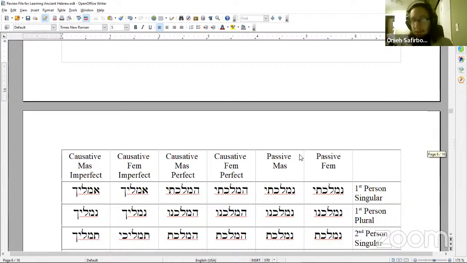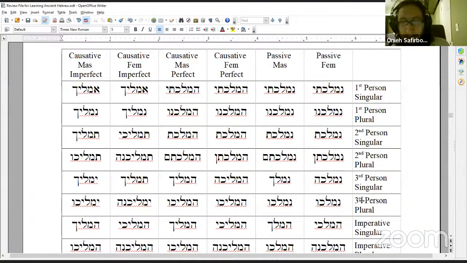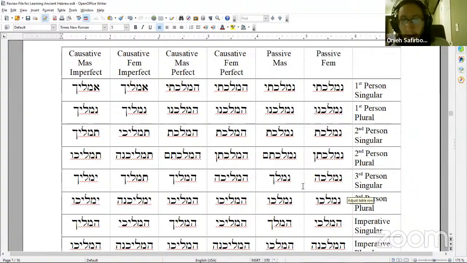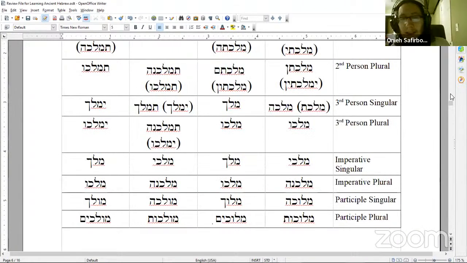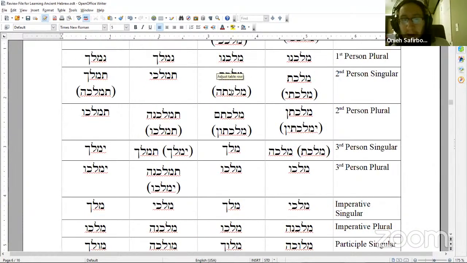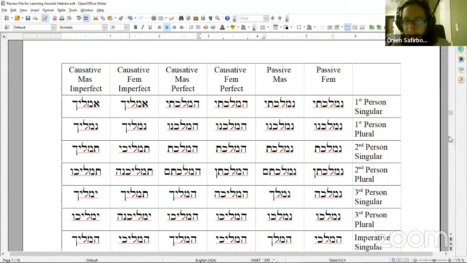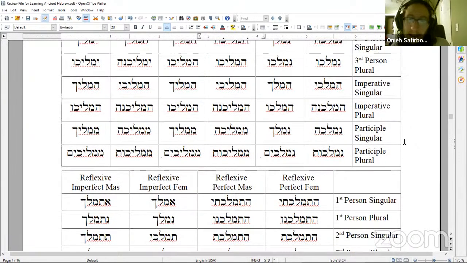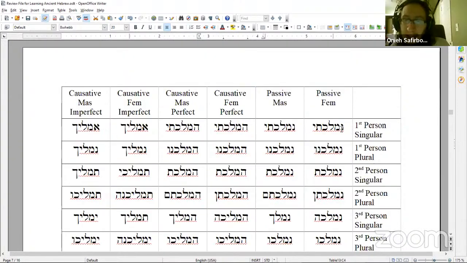But yeah, and of course, you see how I had the parentheses here? I didn't add the parentheses for these ones yet, so I have to do that as well. Also, I got to double check for Akkadian to see if Akkadian had the same passives and causative forms.